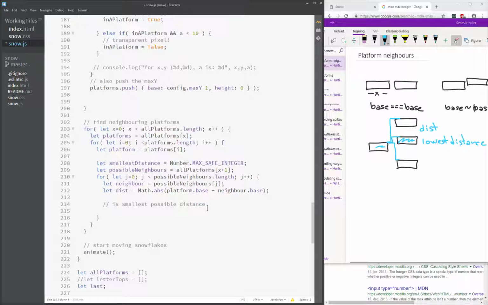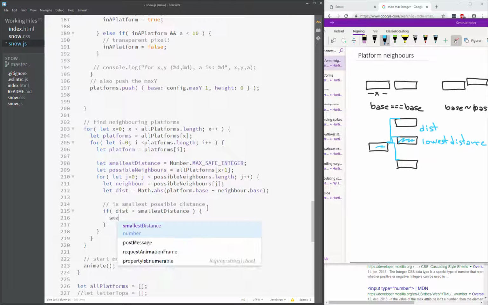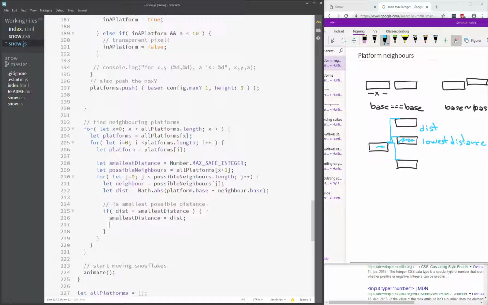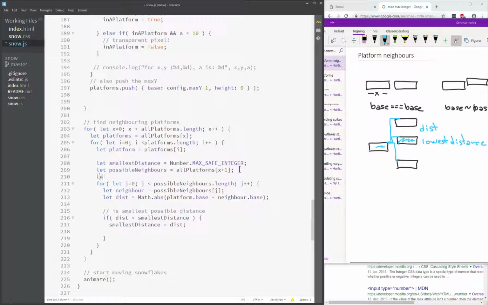And then say, okay, if this dist is smaller than the smallest distance, that means this one would now be the smallest. And this neighbor is actually the possible neighbor. So that would also say, okay, possible neighbor, not just neighbor, possible neighbor. Boom, boom, boom. Closest neighbor.